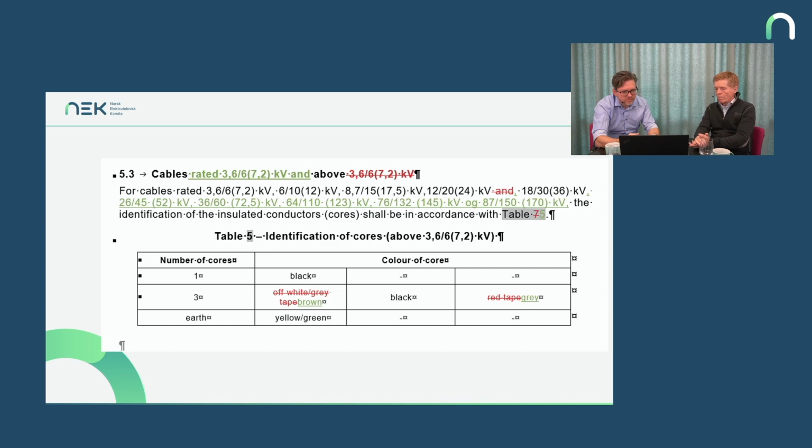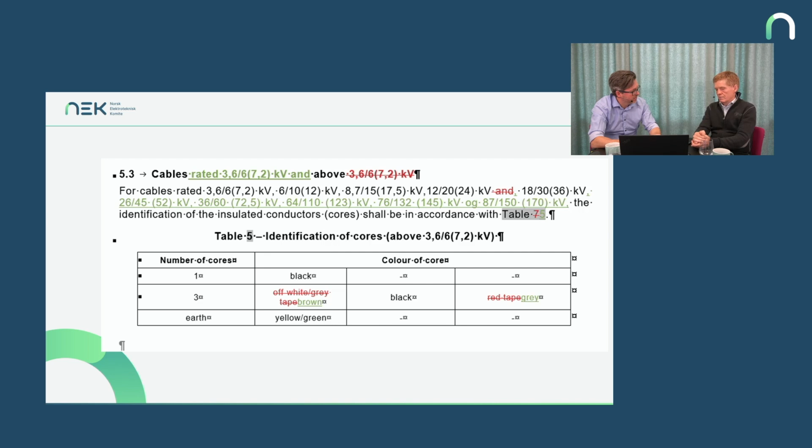And the remaining tables for low voltage and high voltage are here, but there are some changes here as well. From my understanding, it's just following the international standardizations of coloring of the conductors. So this is just an adaptation, I think.